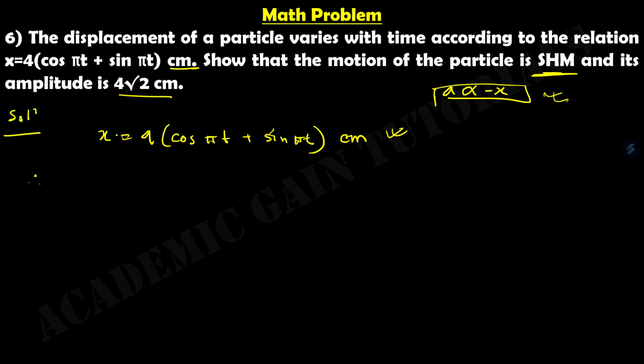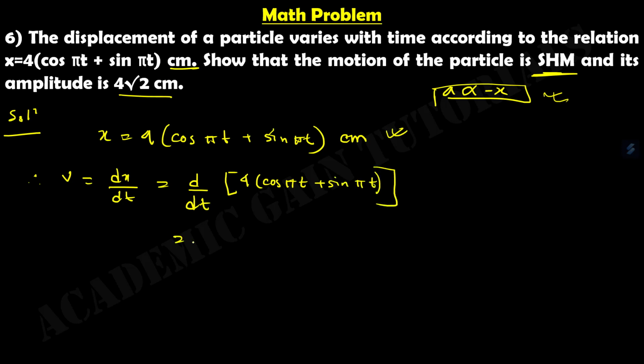So first of all, we should know the value of the velocity v. The velocity is the derivative with respect to time, so v equals d by dt of 4 cos of pi t plus sine of pi t.